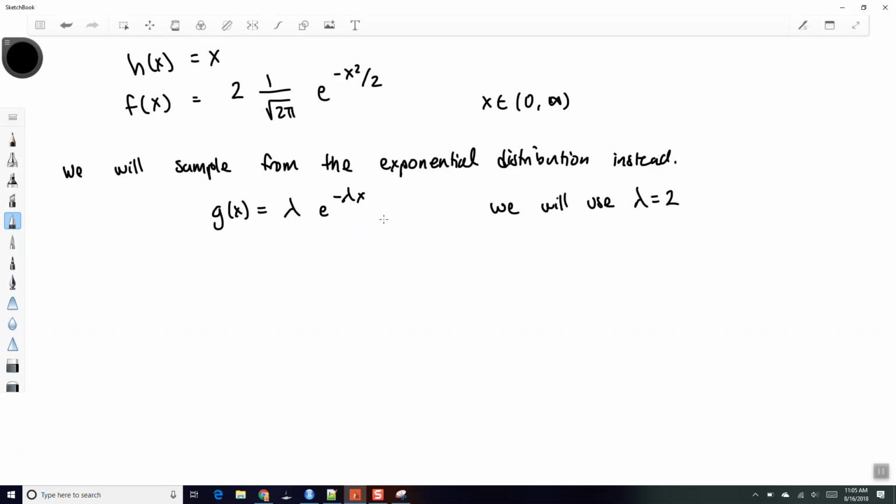But I mean, we could use any lambda if we wanted to, right? But just so our terms will cancel out a little bit nicer, we'll use lambda equals 2. Okay, so we are able to get g of x as 2e to the negative 2x, okay?